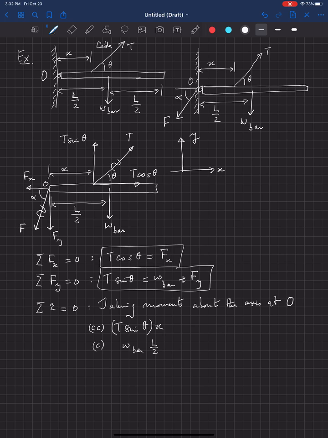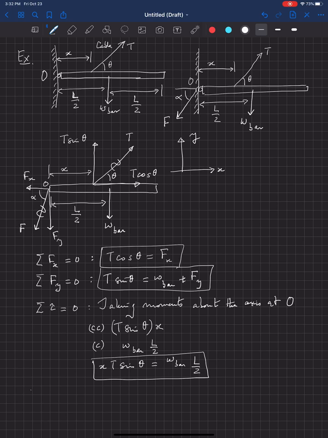And so my third equation, because I have three unknowns, I must get three equations, is x times T sine theta equals W bar times L over 2. And so here's my third equation. Okay, so I have three unknowns, T, Fx, and Fy, and now I have three equations, so I can determine all three quantities trivially.